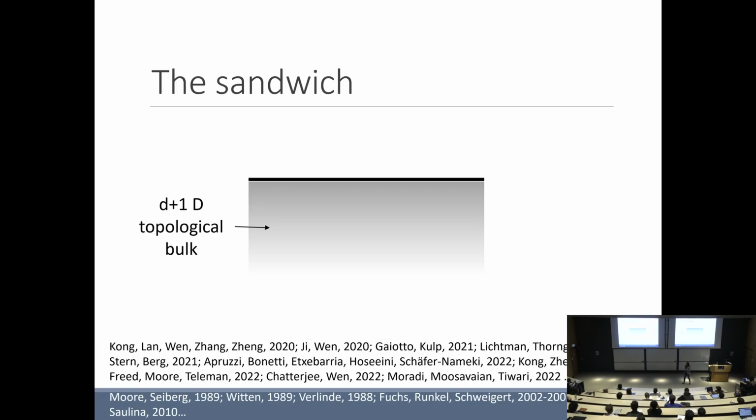So the general sandwich has a D + 1 dimensional TQFT, a topological state, in the bulk. When I draw pictures, I'm drawing a spatial picture, so maybe 1 dimension lower than the pictures in some other talks. So this is the spatial dimensions of the sandwich. In particular, what I'm drawing is a 2 + 1D topological bulk. And then the top boundary will be gapped, so I'll put the topological boundary on the top.